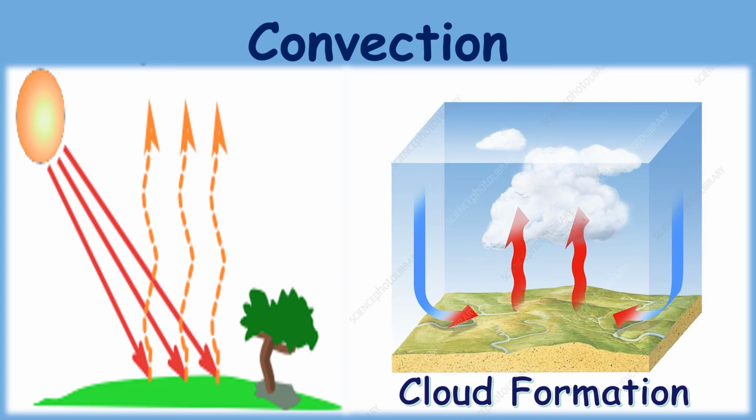This liquid collects on bits of dust and the cloud is formed. As more and more water drops are collected, the cloud becomes larger. When the cloud becomes heavy with water, this water then falls to the earth as precipitation.